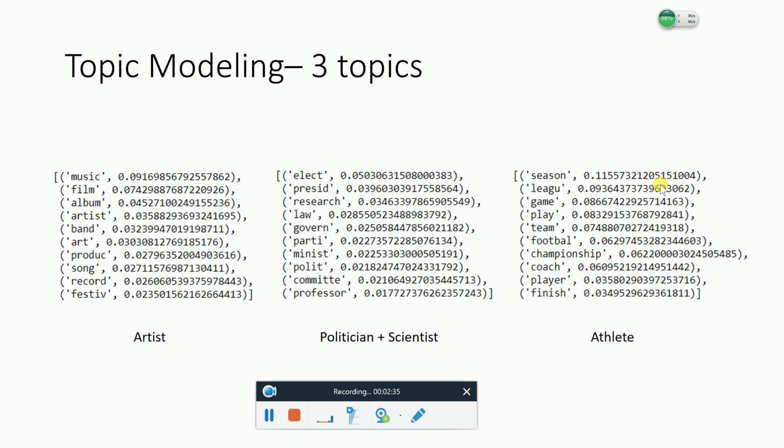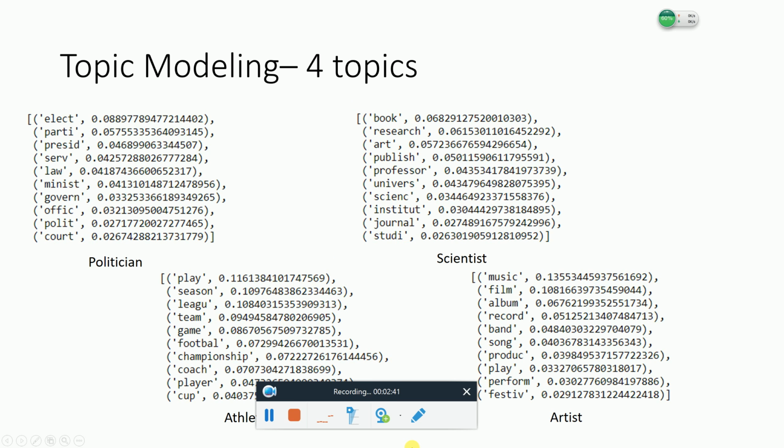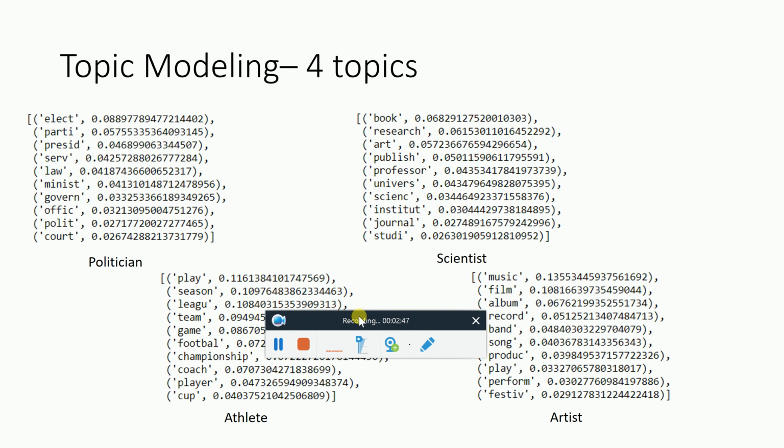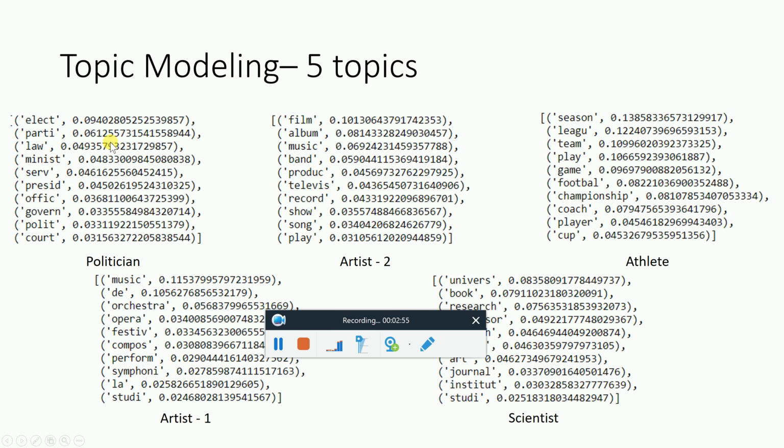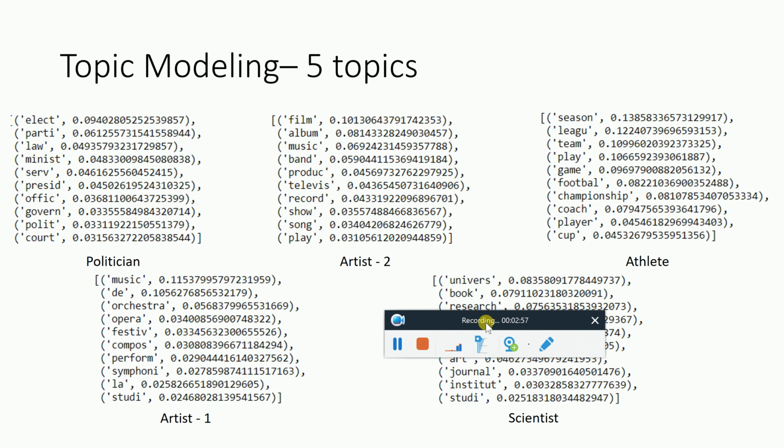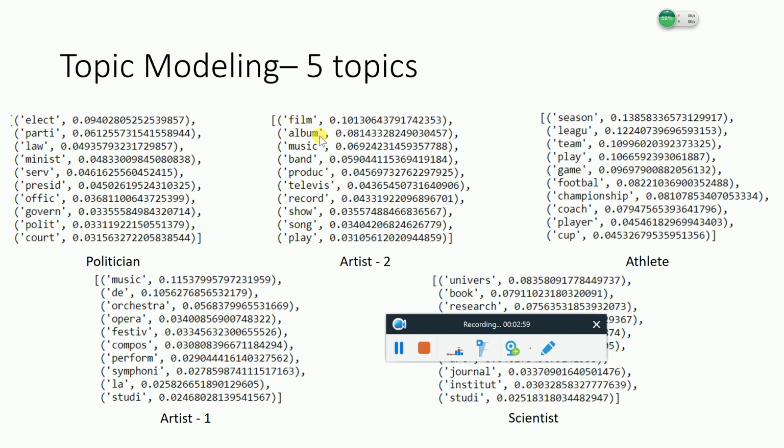And if we add one more topic, this time it will have 4 topics: one for politicians, one for scientists, one for athletes, one for artists. So it works well.